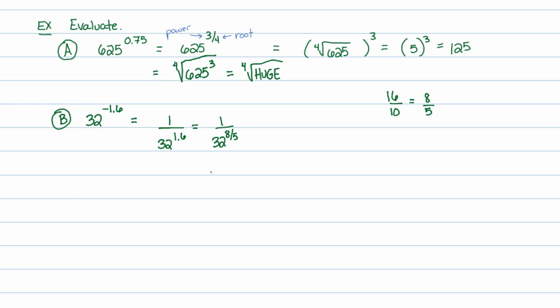A lot of people think you can't do that by hand, but you actually can. It's going to be 1 over the 8th power of the 5th root of 32. Try to think of a number that, when it multiplies by itself 5 times, becomes 32. It's going to be 2. 2 to the 5th power is 32. So we're looking at 2 raised to the 8th power here. Now 2 raised to the 8th power is 256. There we have it, 1 over 256.